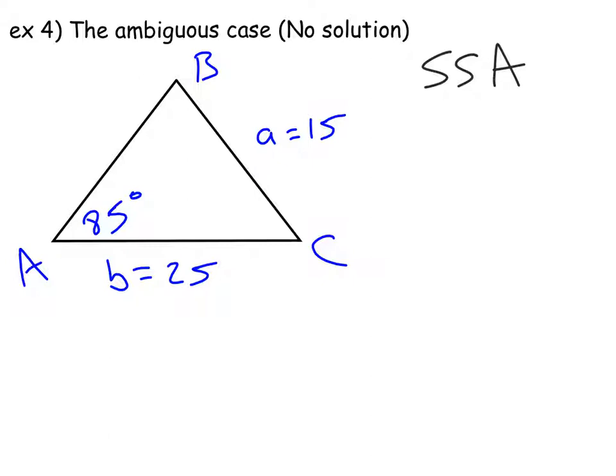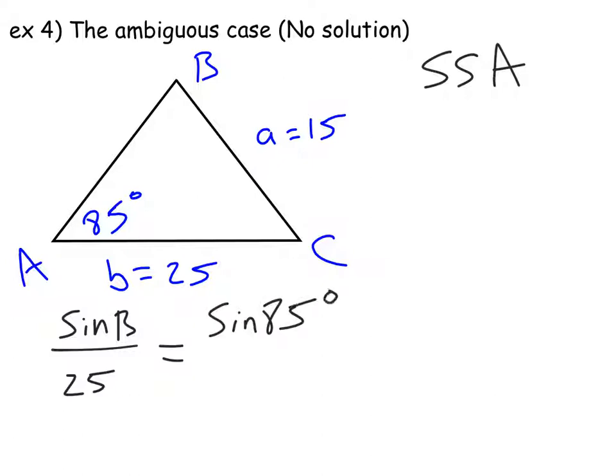Let's try to find the sine of b. I think that's the only thing that we can find. The sine of b over 25 equals the sine of 85 over 15.